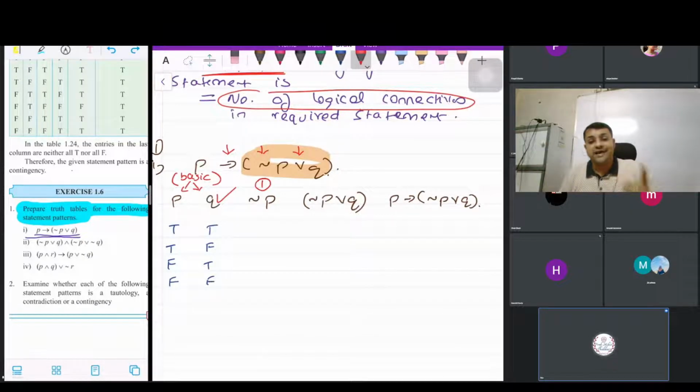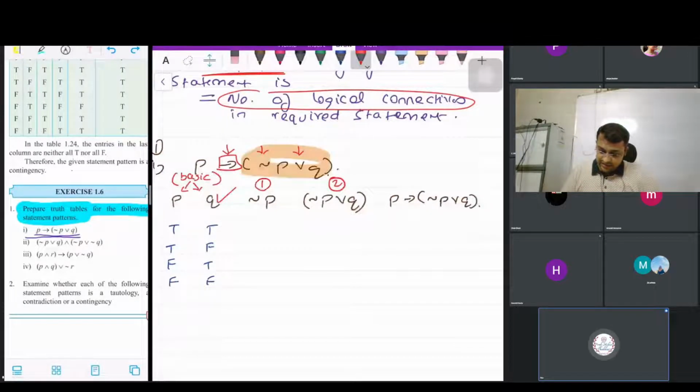After that, now I can switch over to the entire bracket because Q is already available to me. So now I will think of negation P or Q as the entire bracket. So guys, this becomes my second additional column. And then there is nothing else left, only the last connective which is left, which is the implication.